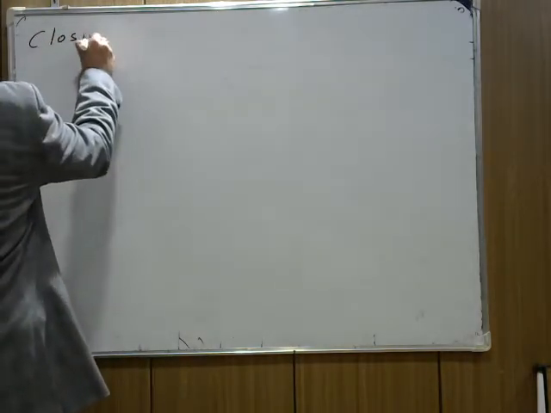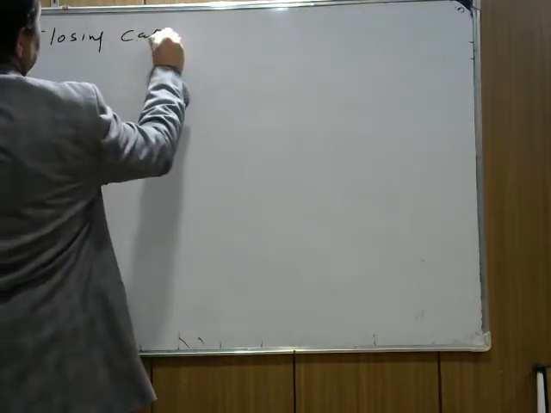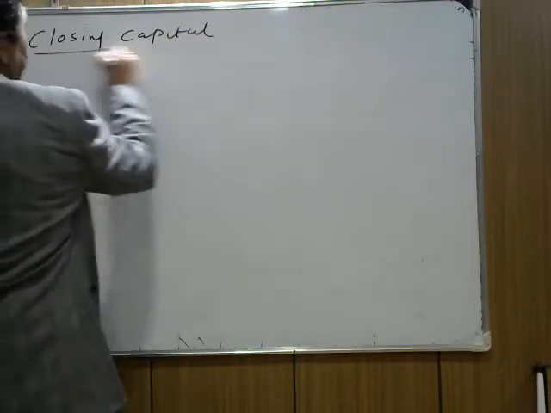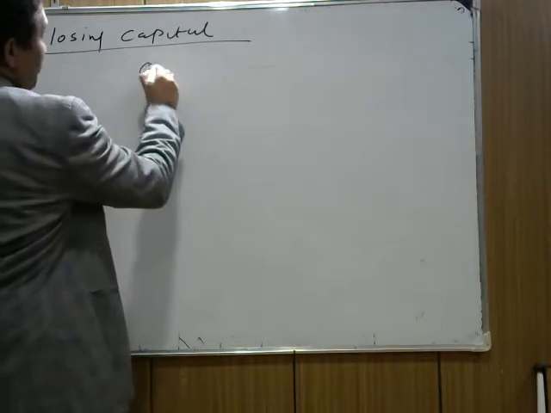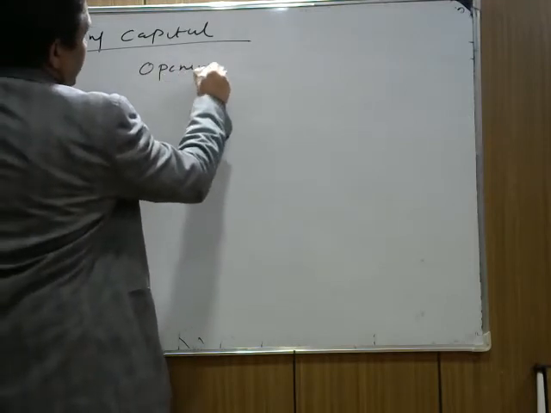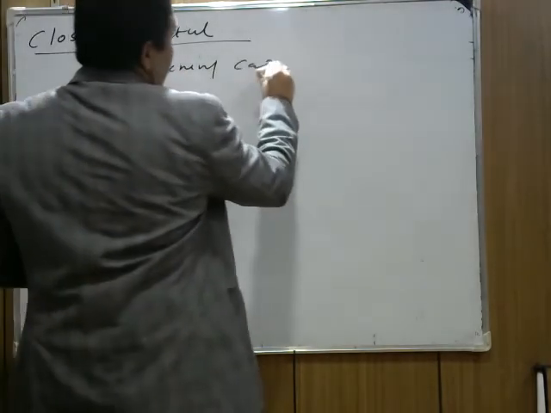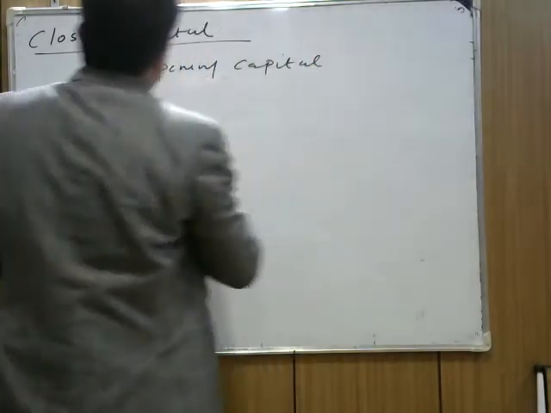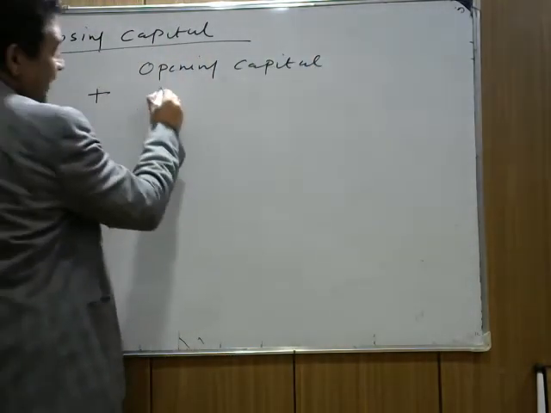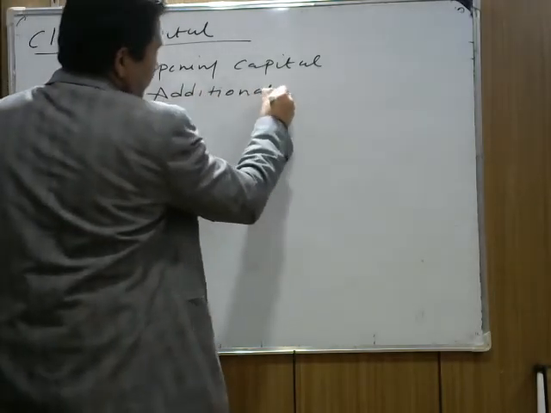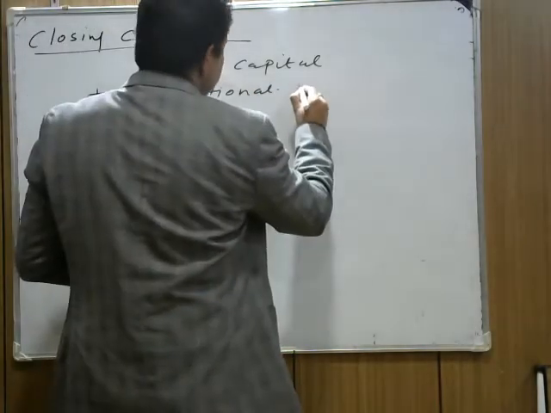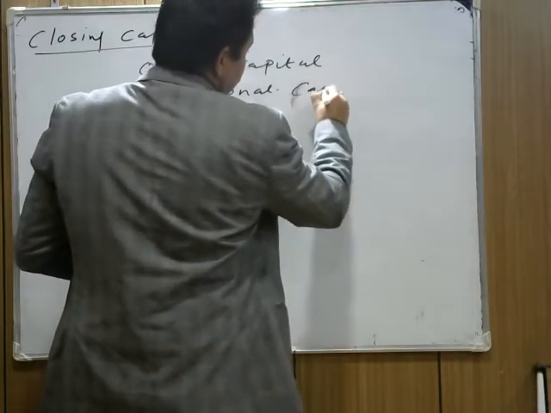How can you find the closing capital? The formula of closing capital is opening capital, the amount we put in business, plus additional capital. If any partner or the owner brings additional capital, it is also included in the capital.